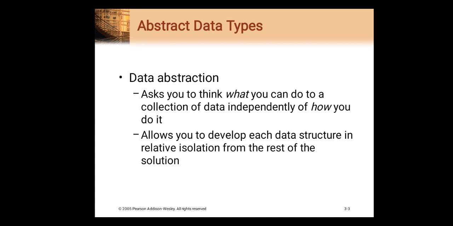Essential details means that once you have data, data abstraction tells you which type of operations you can perform on that data, whether you want to add new items, search, or sort. It tells you what you can do with that data instead of how you can do it.